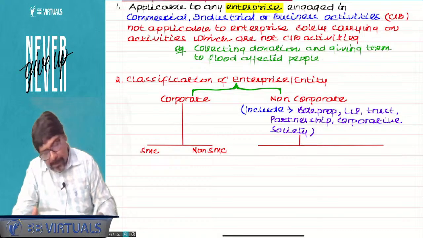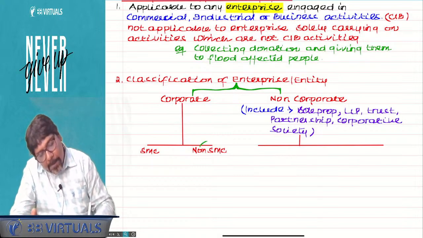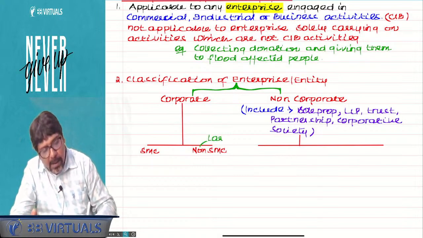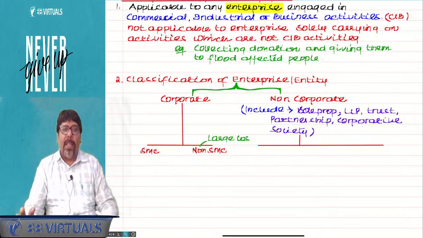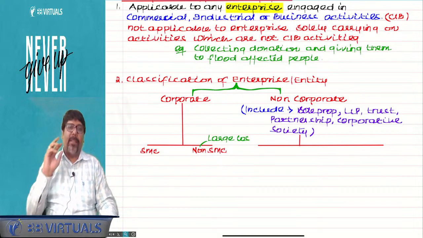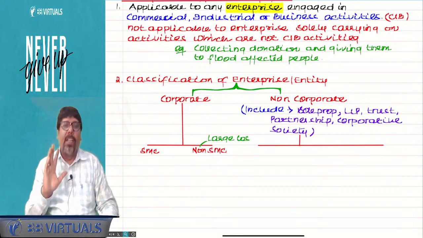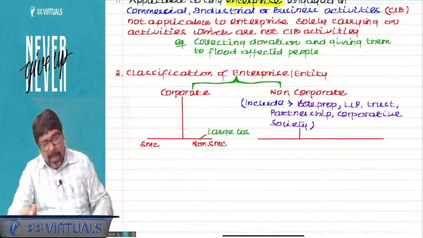That means we are talking about basically large companies. Am I clear? SMC, non-SMC. SMC means small company. Non-SMC means big company.